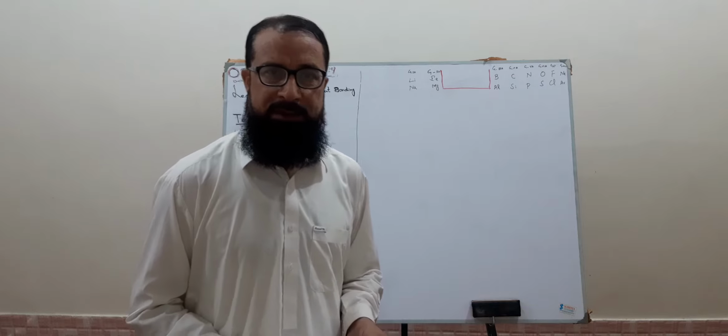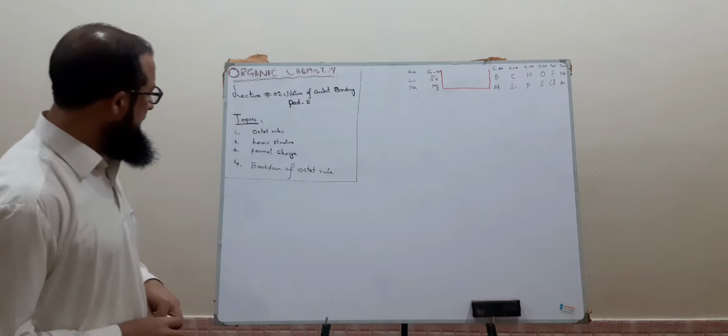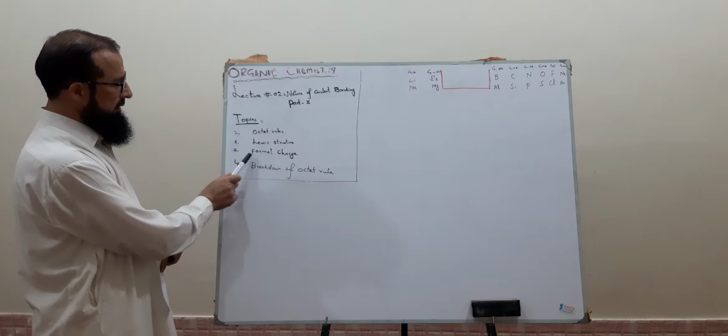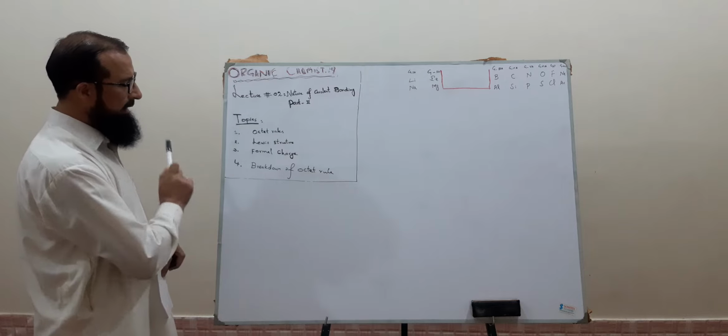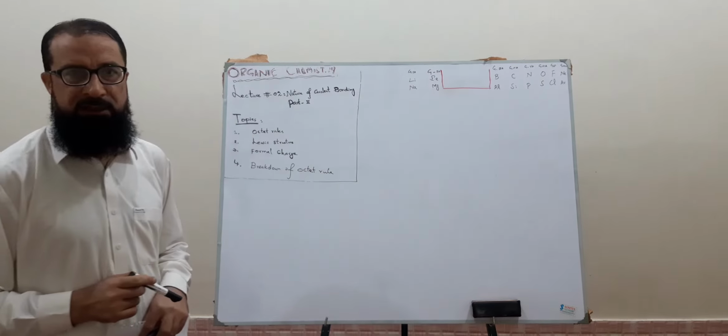In this lecture, we will discuss the following topics: the octet rule, the Lewis structure, formal charge, and the breakdown of the octet rule, which leads to the concept of resonance.